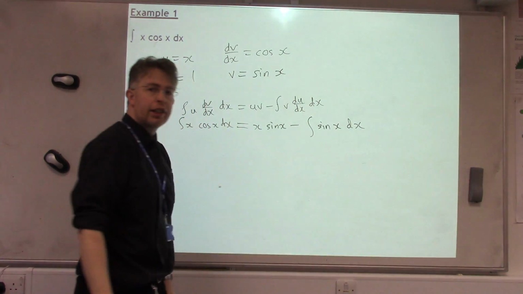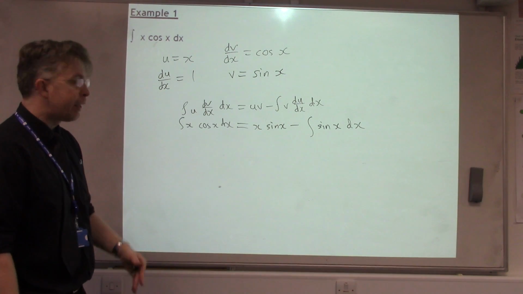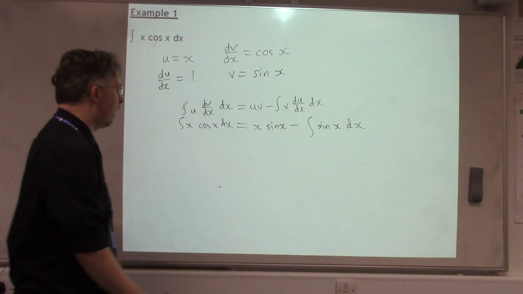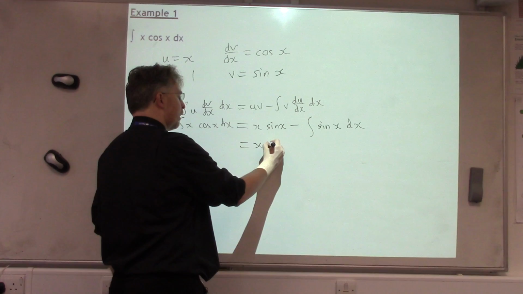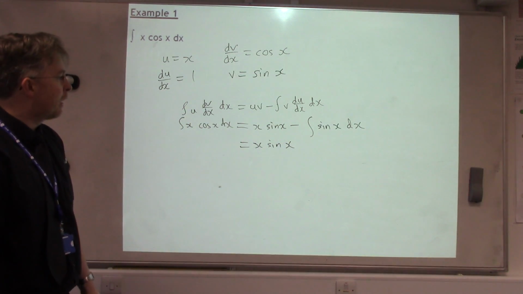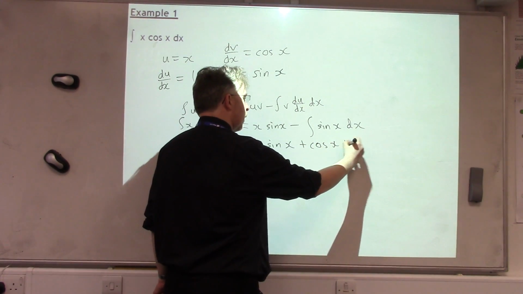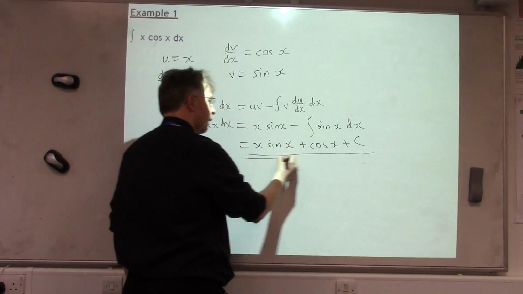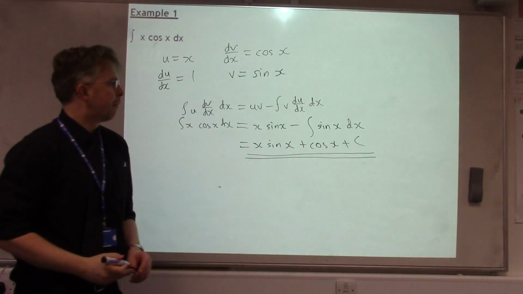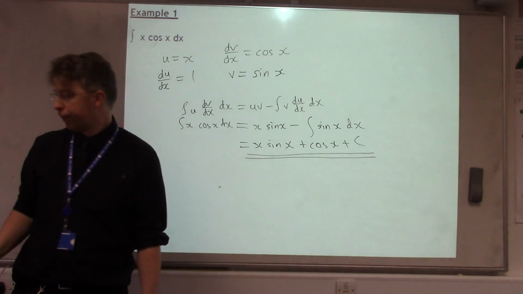And as you can see, integrating sine x is easier than integrating x cos x, so the right hand side is easier to do than the left hand side. So we carry on with the right hand side. The integral of sine x is minus cos x, so we end up with plus cos x plus c. That's a fairly standard integration by parts example.